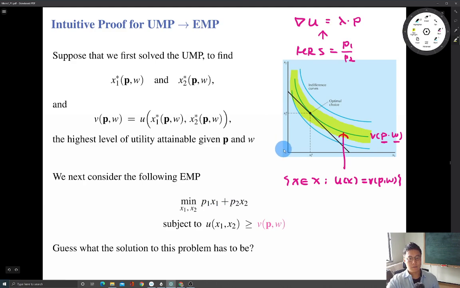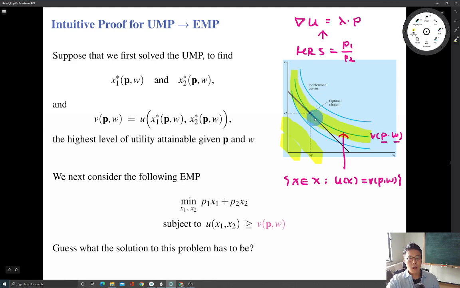So starting from the origin, we start to increase the expenditure, increase the height of this line segment, up to the point where this budget line is tangent to this indifference curve.